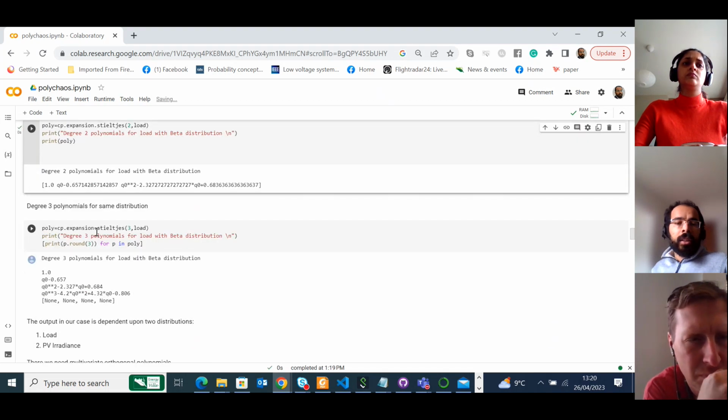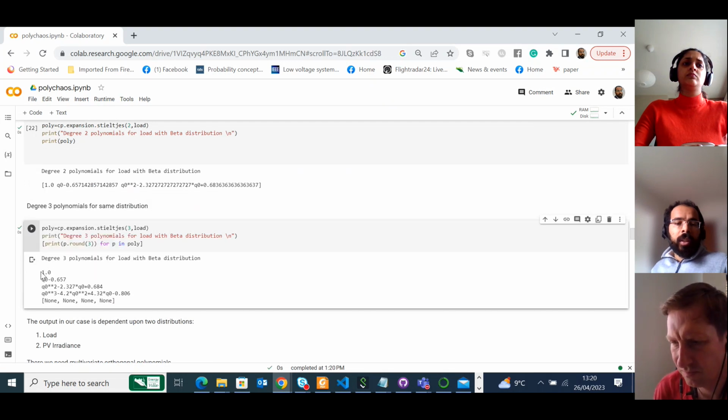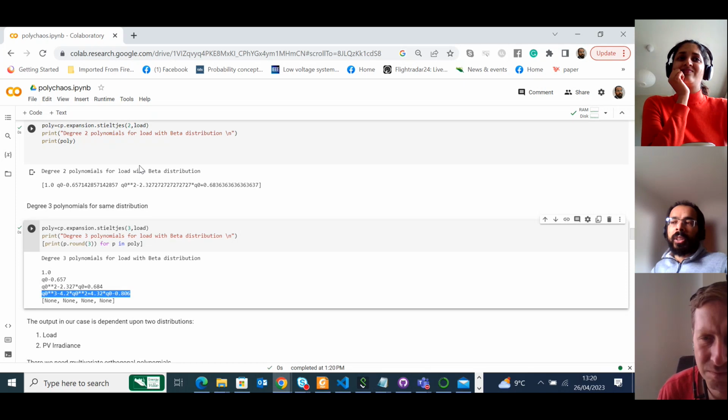And same if you want to go to degree 3, then the polynomial basis looks something like that. So the first 3 polynomials are the same, then you get a degree 3 polynomial here. Right? And same is with the load. So these are called univariate polynomials because each represents only one distribution or a load.